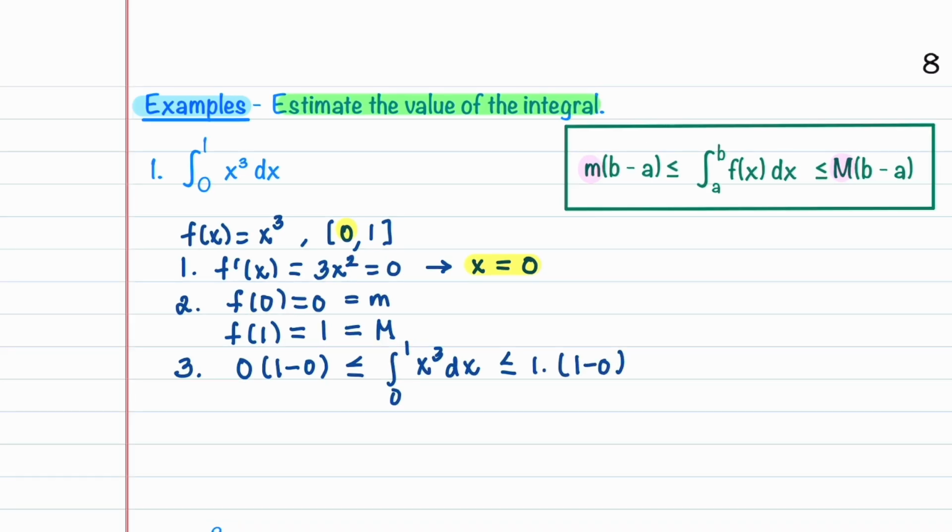So we can say that 0 is less than or equal to our integral from 0 to 1, x cubed dx is less than or equal to 1. Our answer is then that this integral is greater than or equal to 0, but less than or equal to 1.